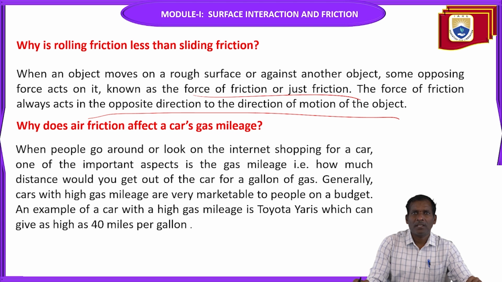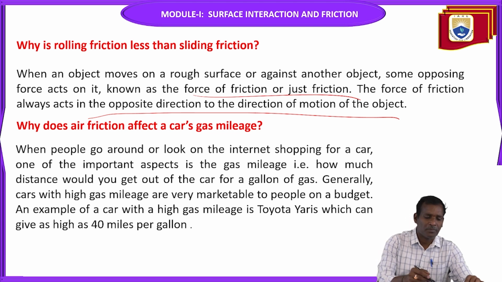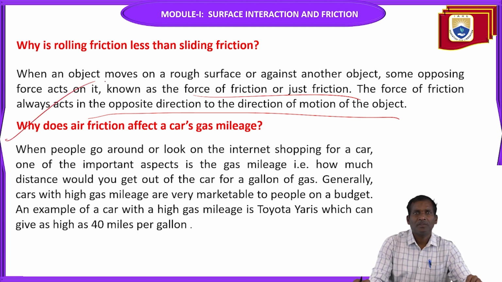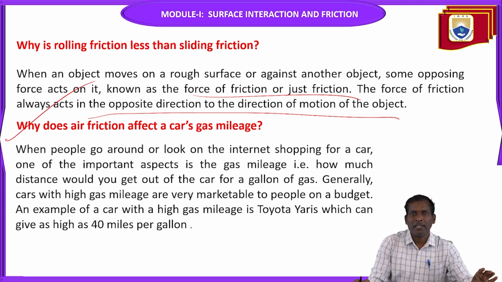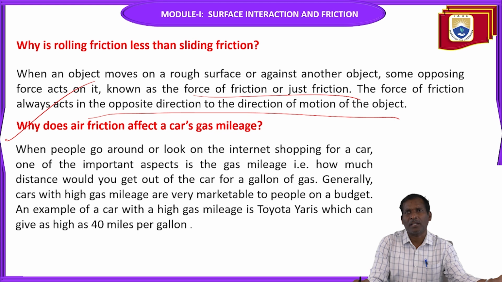Next, why does air friction affect the car's gas mileage? When people look on the internet or shop for a car, one of the important aspects is the gas mileage, that is, how much distance you would get out of the car for a gallon of gas.